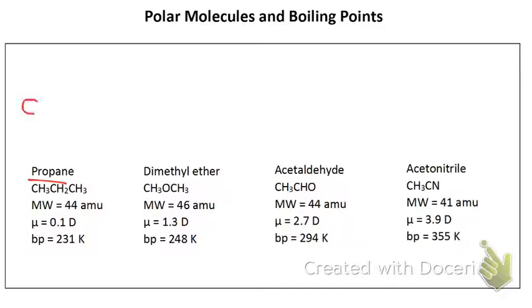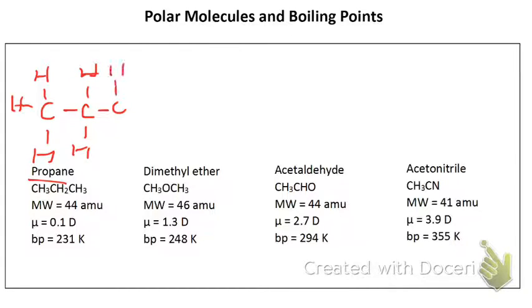Propane has hydrogens attached to a carbon. Carbon, hydrogen, hydrogen, and another hydrogen, another carbon, and another carbon, and these are all saturated with hydrogens all the way around. And this is our propane.